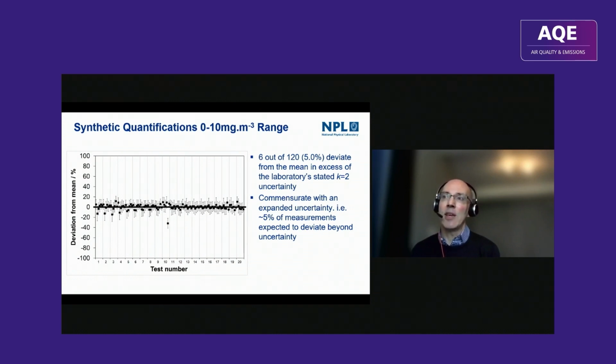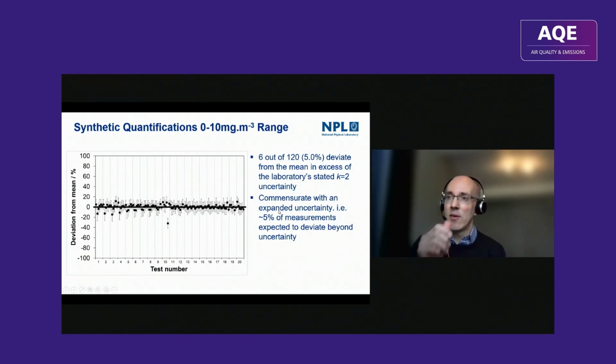If you look at that, you see that 6 out of the 120 measurements deviate in excess of the laboratory's stated uncertainty. All those laboratories stated uncertainties to a confidence level of 95%, or to put it another way, it would be perfectly reasonable to expect 5% of those measurements to deviate in excess of the stated uncertainty. So that's pretty much dead on. That's more or less exactly what you would expect.